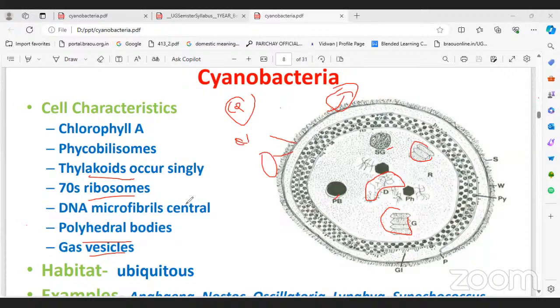Peptidoglycan, mucopeptide. Actually, what is the major chemical composition of the plant cell wall in general?